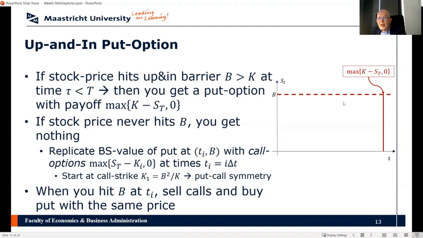And then if my stock price goes down again below the strike level, then I am getting a value for my put option. And if the stock price always stays in this region, even if it ends below K, because I have never hit this up and in barrier, the option expires worthless.